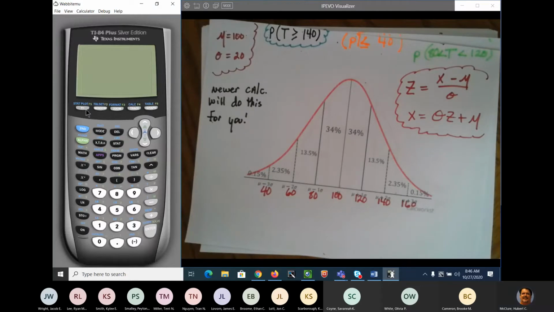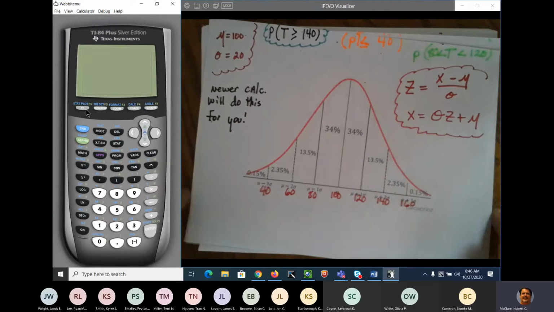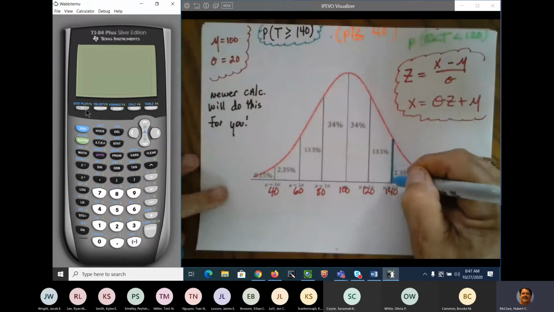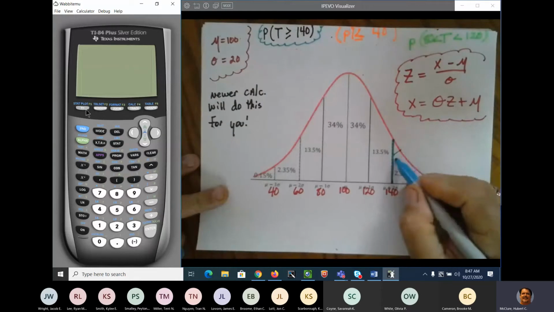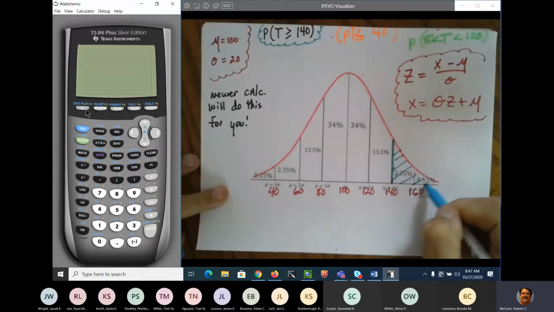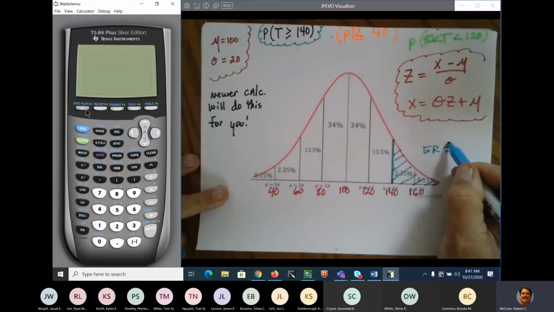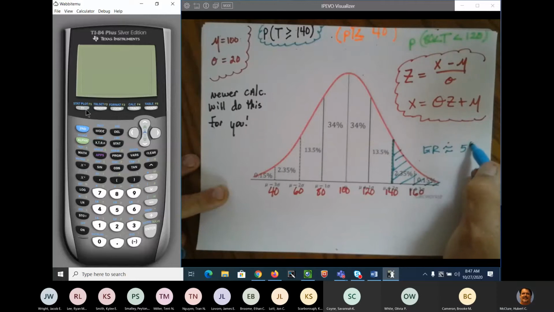So here, let's go ahead and draw our graph. Greater than 140 would be this one right here, and by the empirical rule I would say 5%, or 0.0500.